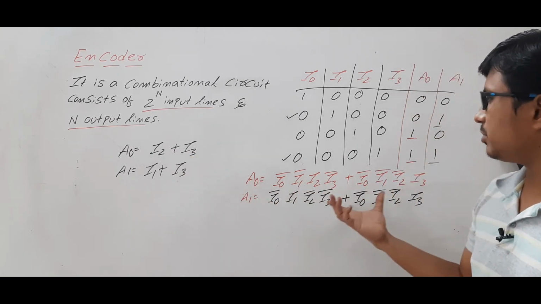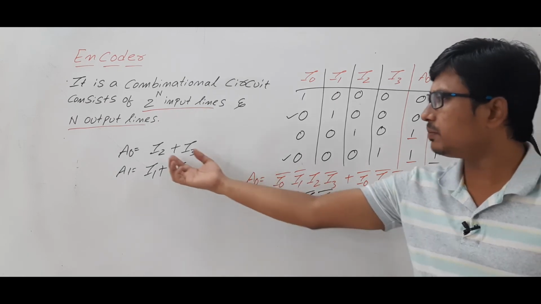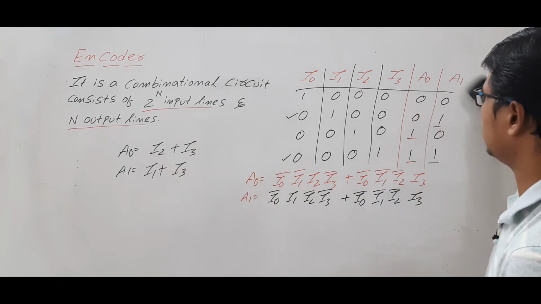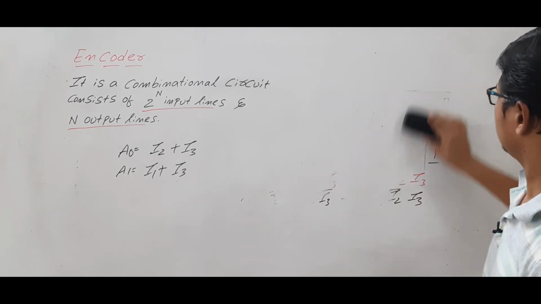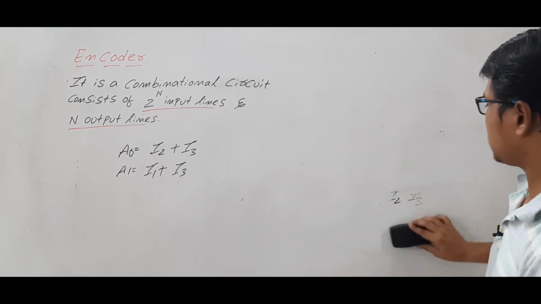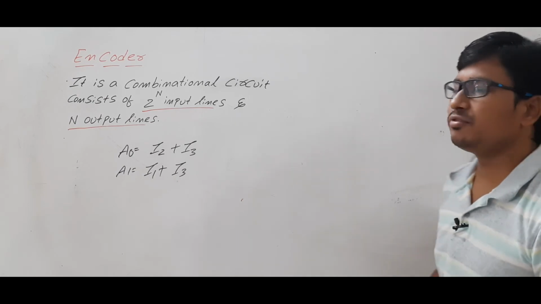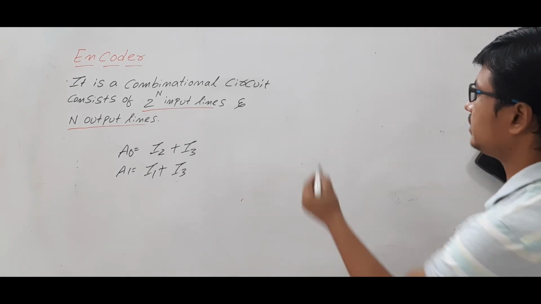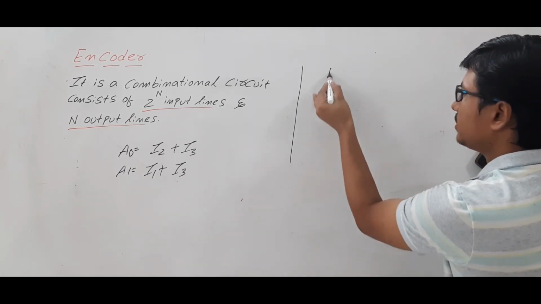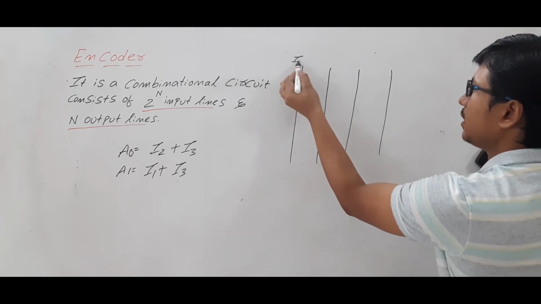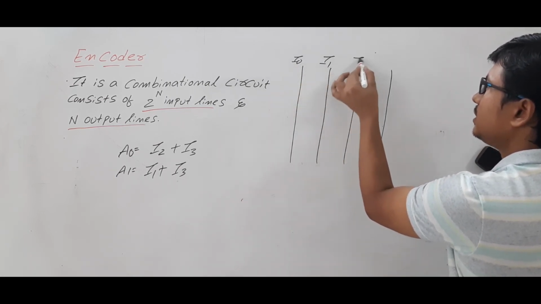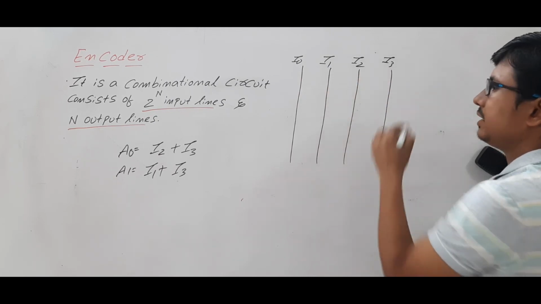If I draw the combinational circuit, you can easily draw. Let me draw the combinational circuit for this one. How will the combinational circuit look? You have 4 inputs, I0, I1, I2 and then I3.